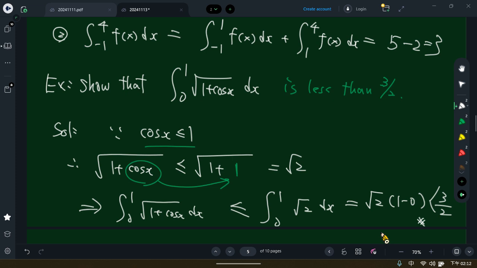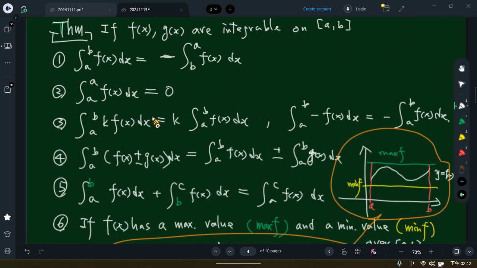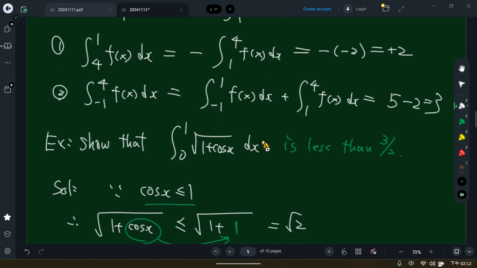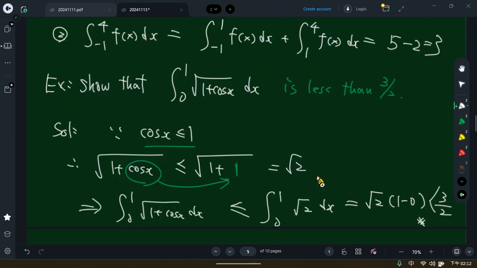Okay, so actually this example is very simple. You can just simply apply the rules in this way, and then you can get the result. Okay, so let's just take some break and come back later.